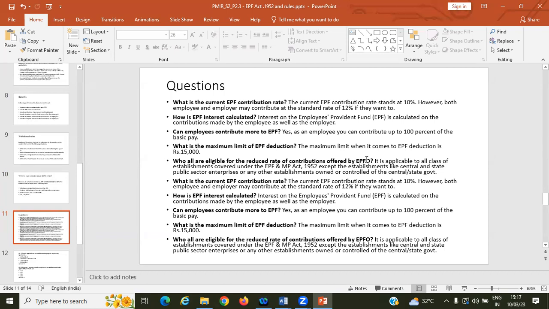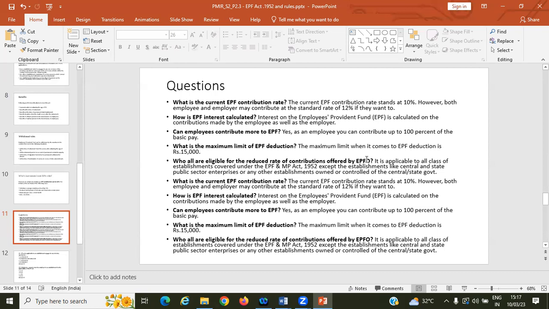What is the maximum limit of EPF contribution? Who all are eligible for the reduced rate of contribution adopted in EPF? That is mentioned above.